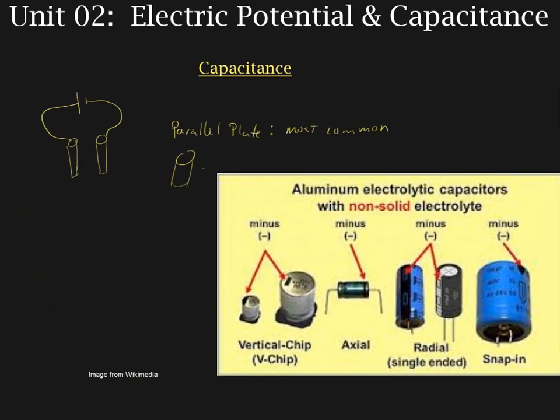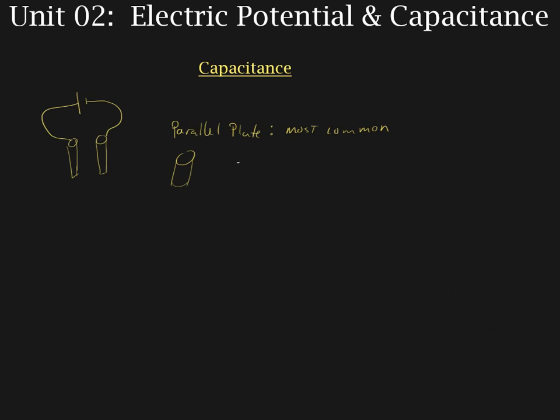If we were to cut the top of the can off and take everything out, what we have is a jelly roll of layers. That's really what a parallel plate capacitor is: two conducting layers separated by an insulator.